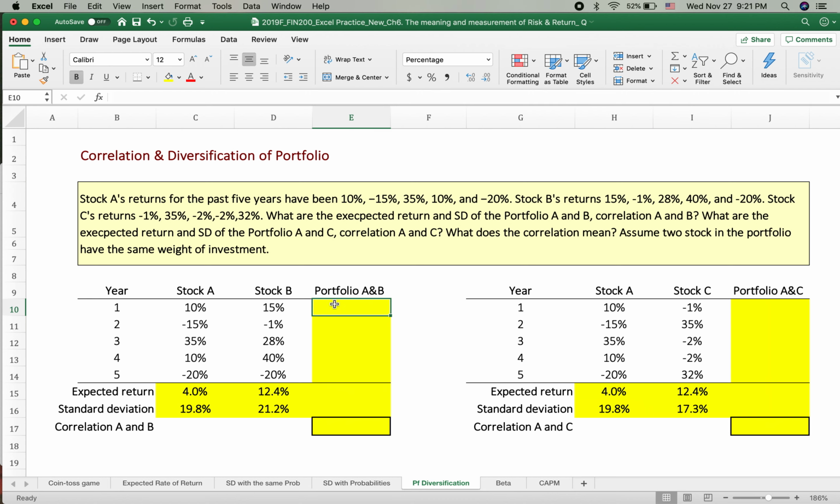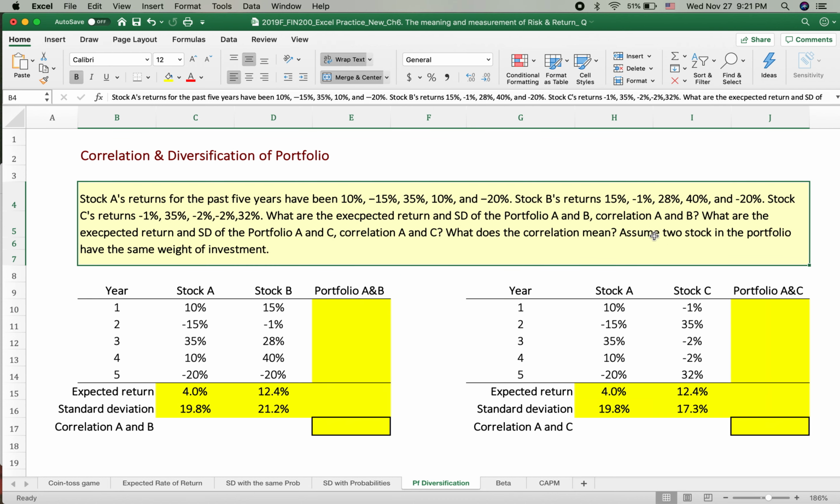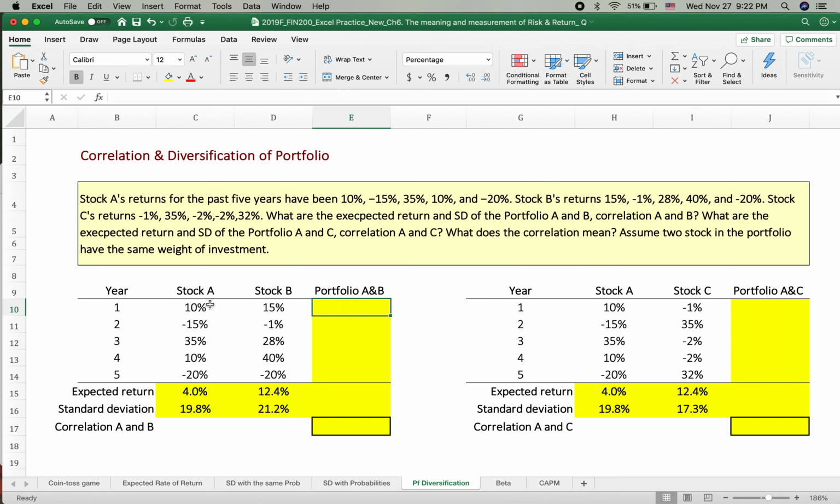So let's make the portfolio in which stock A and B are invested. We assume the two stocks in the portfolio have the same weight of investment. That means 50% is stock A and 50% is stock B. For the portfolio of stock A and B in year one, we just use the average of these two.